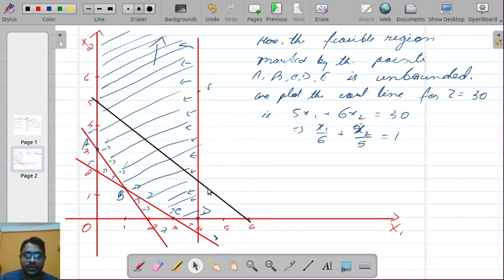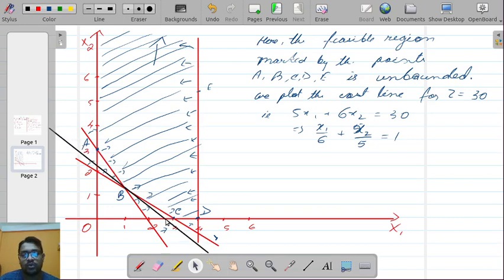But the given problem is a minimization problem, so we move the line to a position nearest to the origin. If I move it this way, it is still inside the feasible region. When it passes through the point B, this is the last point in the feasible region.